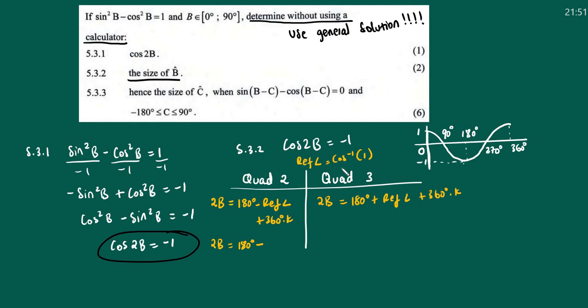What you are actually saying there is, what is the x value when y is 1? When you look at the graph for cos, when y is 1, the x value is 0 degrees. So here you're just going to write that your reference angle is 0 degrees.